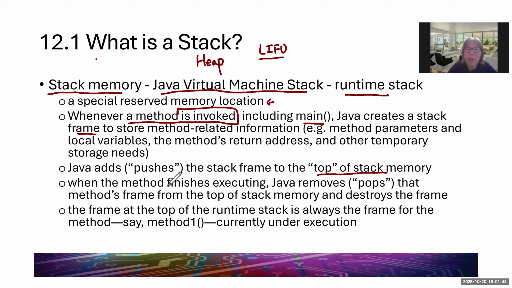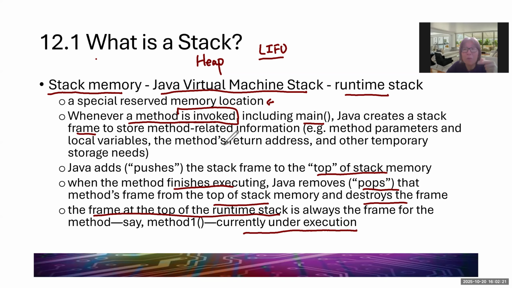When the method finishes execution, it will be popped from the stack memory and destroyed. So basically, in the stack memory, the activation record related to the method, or we call it a frame, at the top of the runtime stack will always be the frame currently under execution.